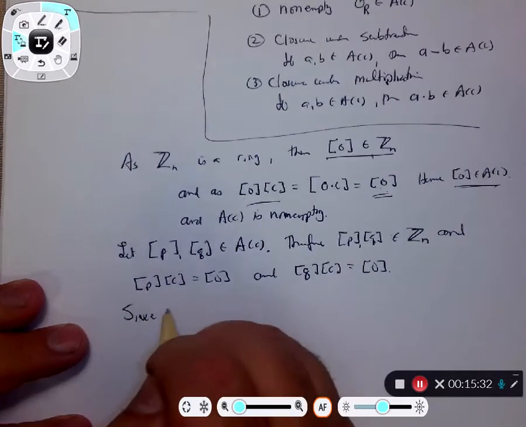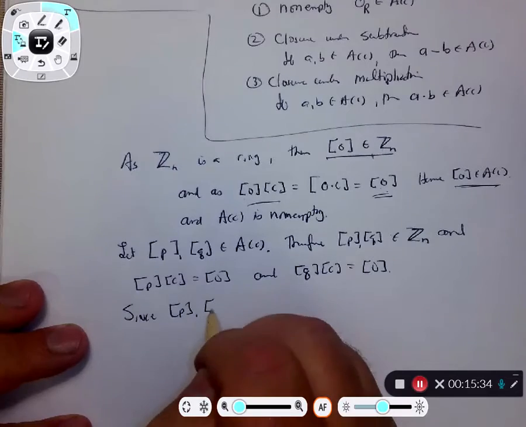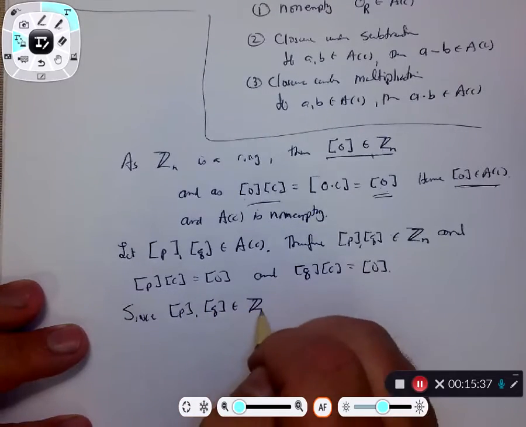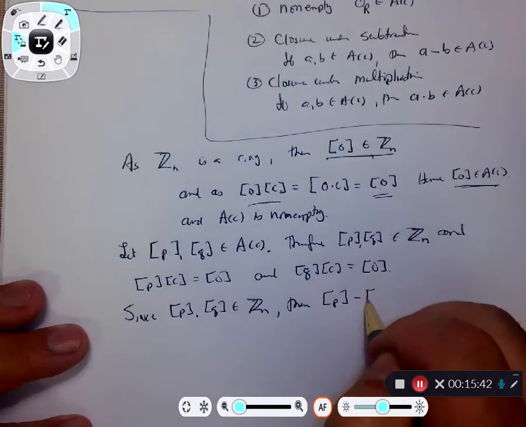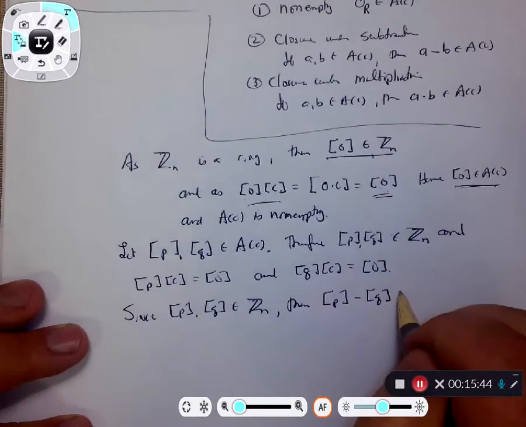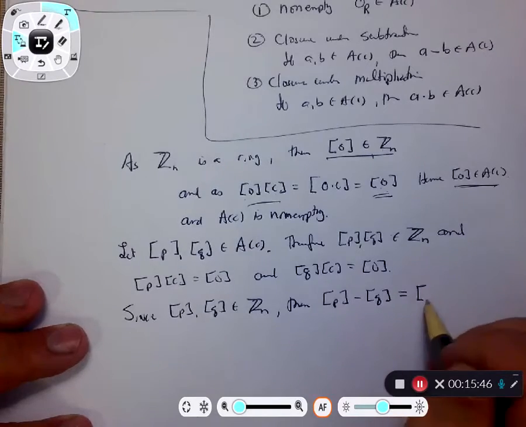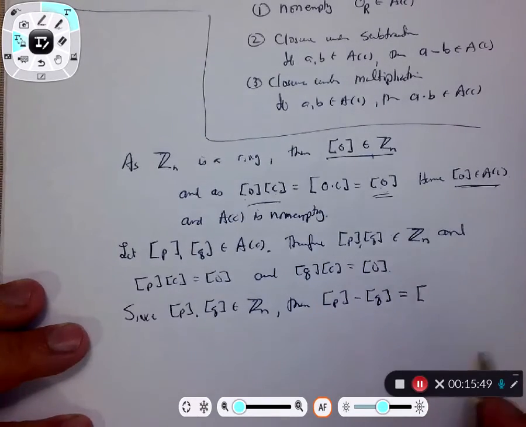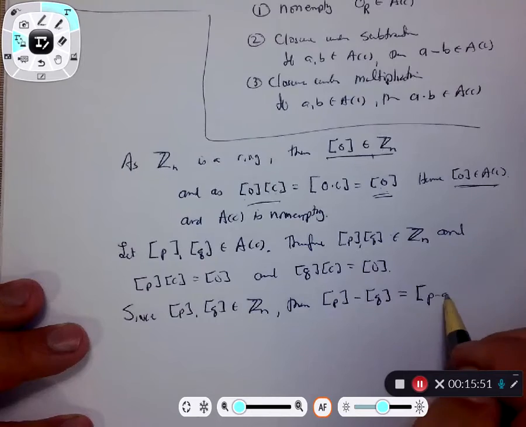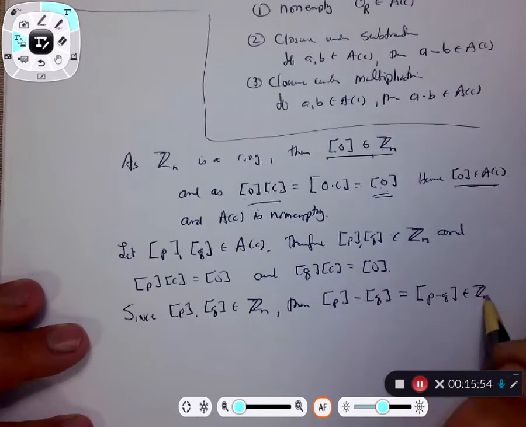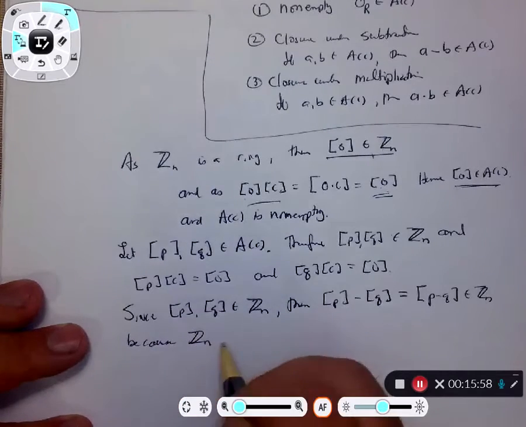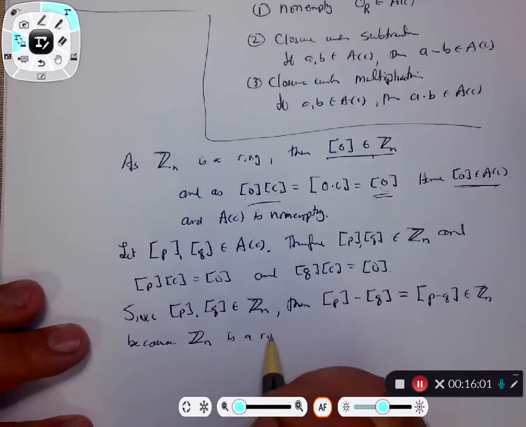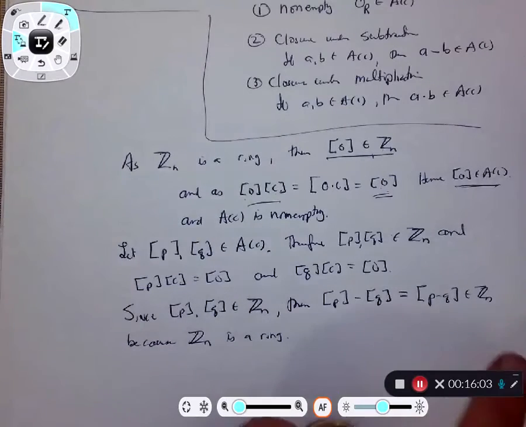Since P and Q are elements of Zn, equivalence class P minus equivalence class Q, which by definition is how you subtract equivalence classes, you make one big equivalence class: P minus Q is an element of Zn. Why? Because Z mod n is a ring, and rings have closure.